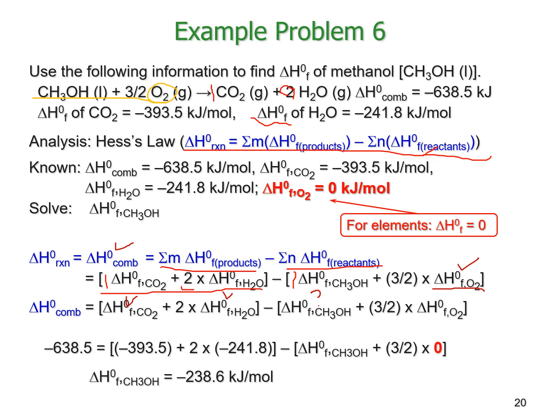Then we just follow whatever we have learned from chapter 4 to deal with this kind of calculation problem. The last major type of calculation problem, as far as I can think of, is Hess's law. As you can see, there are 2 major types of calculation problems. I can guarantee you, in every exam that you're going to have, these 2 calculations will be tested.